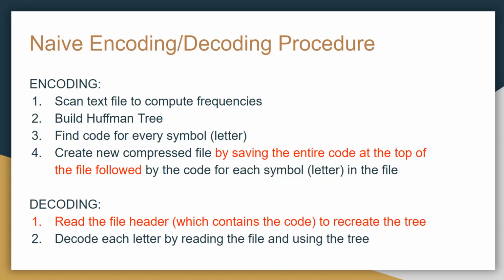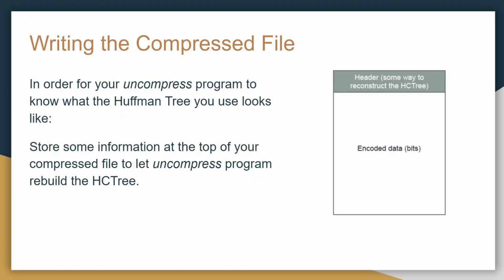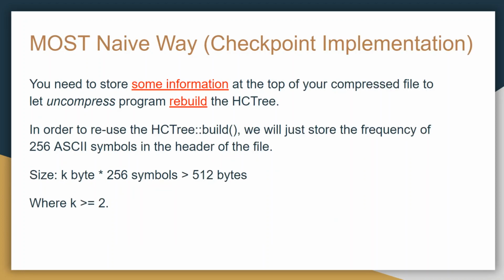So these are the steps that are going to be a little bit different. For writing the compressed file, in order for your uncompressed program to know what the Huffman tree looks like, you need to store some information at the top of your compressed file so that it's able to rebuild the tree, right?